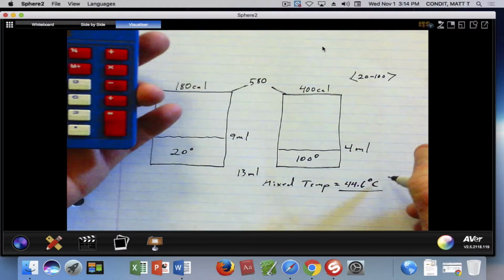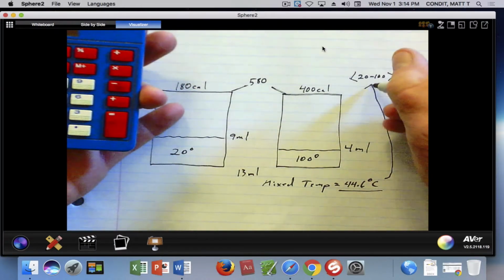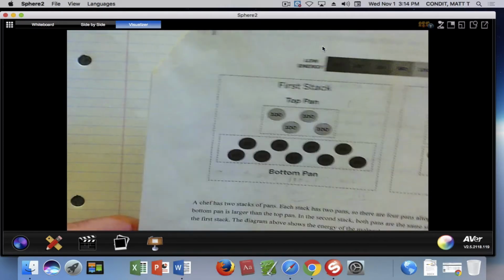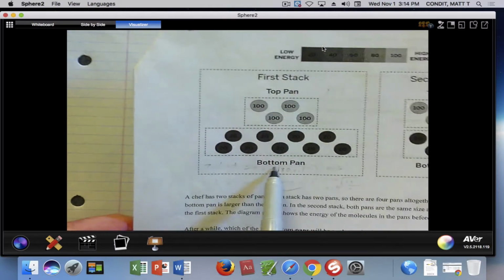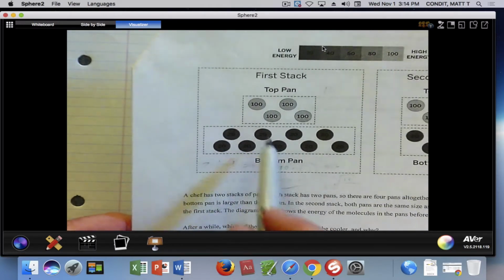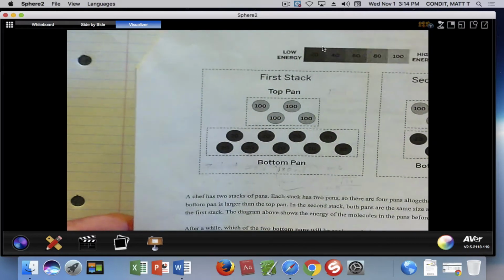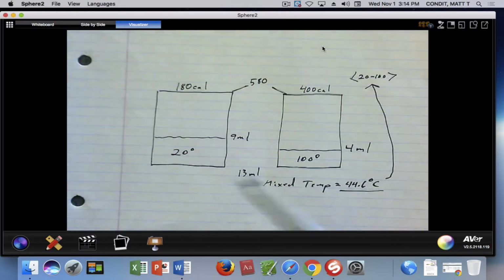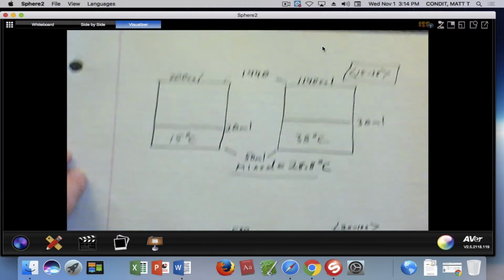And finally, I check that to make sure it falls in my acceptable range, and you can see it does. The point on this, though, is even though they put a picture in here and they call them pans, if we just think of each of these circles as a milliliter, and then just think of those numbers inside them as the temperature, then we can draw it up as water, and we can solve it the exact same way that we did here.